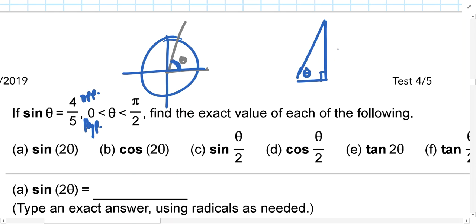So opposite side length 4, hypotenuse 5. With just a little bit of math, we can establish that the adjacent side length is 3. Normally, I would use the Pythagorean equation to find this, a squared plus b squared equals c squared. But since this is a 3, 4, 5 triangle, I think that's easy enough to identify.